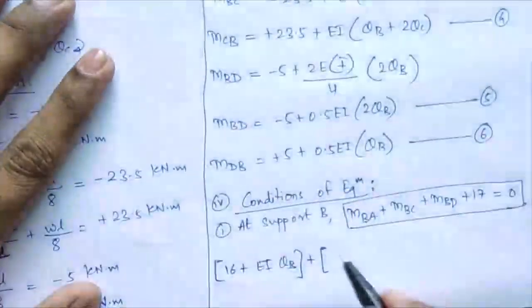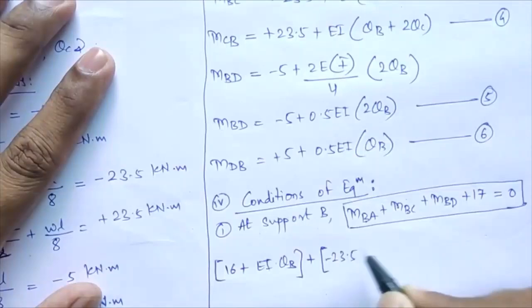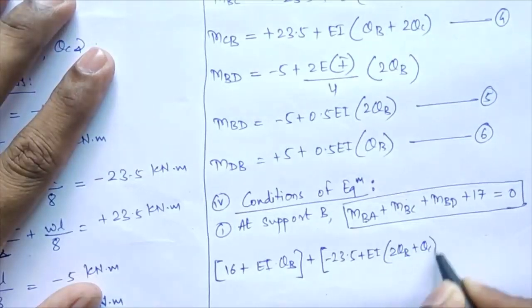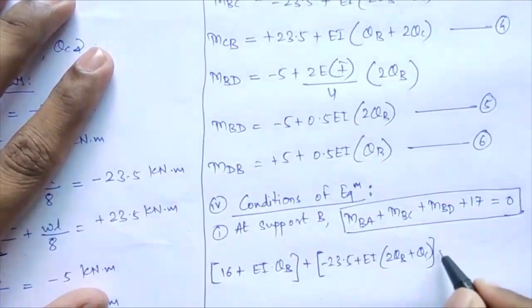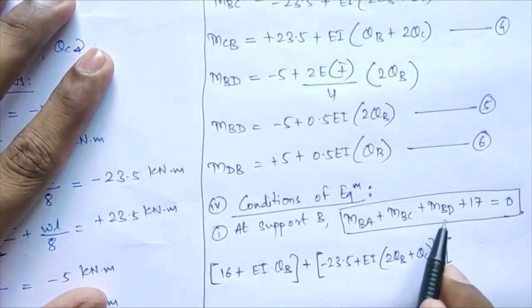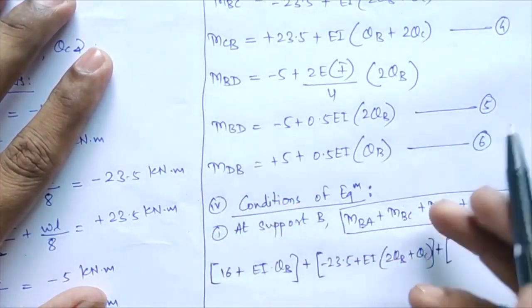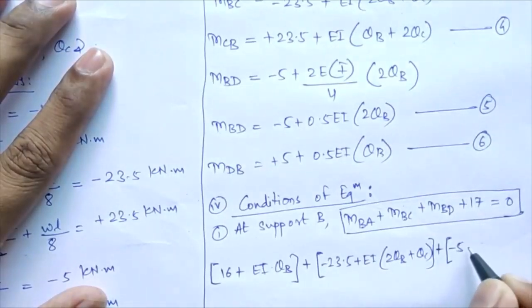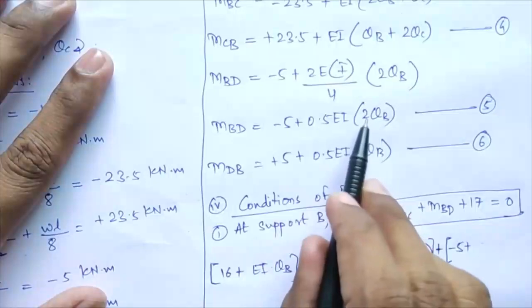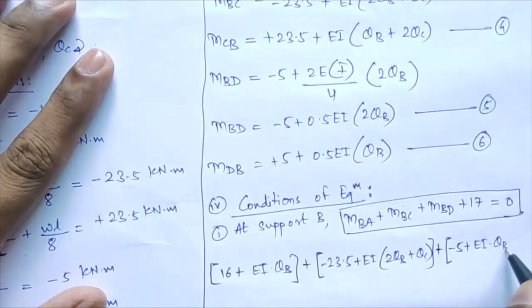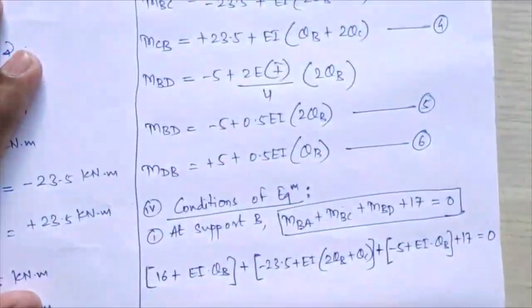So I'll write that minus 23.5 plus EI into 2 theta B plus theta C. Then next plus your BD equation, that is equation number 5. That I'll write here: minus 5 plus, here I'll simplify this, 0.5 into 2 will become 1. So here directly I'll get EI into theta B, plus this 17 is equal to 0.